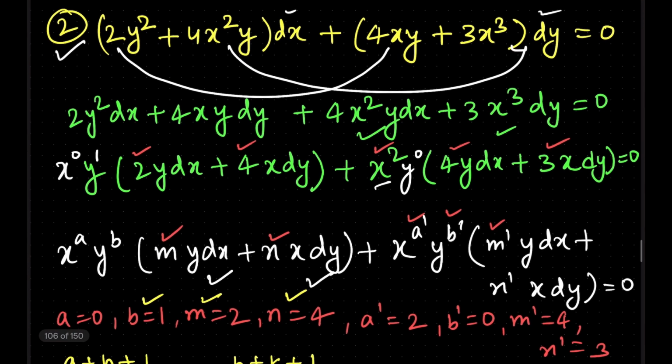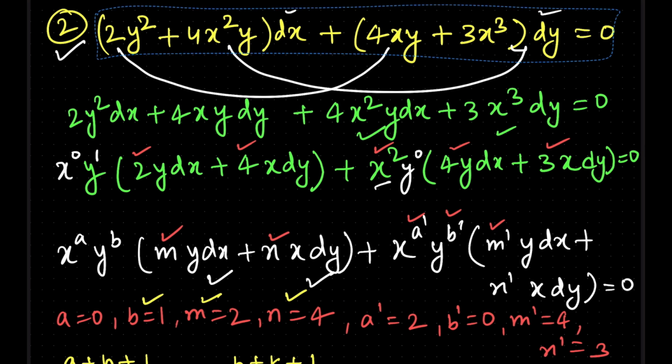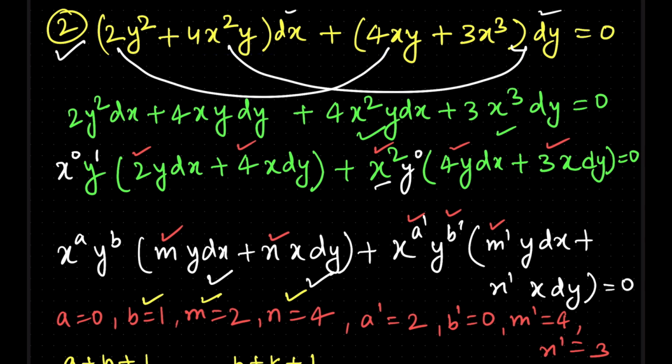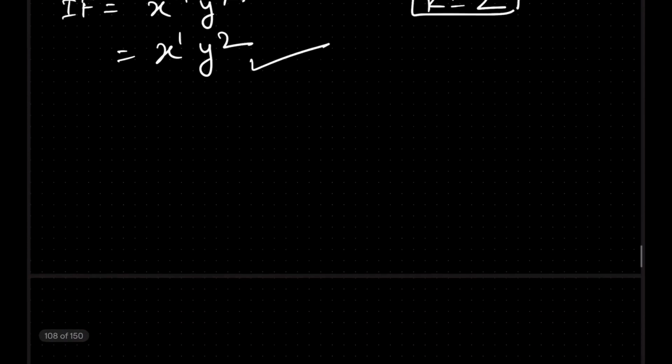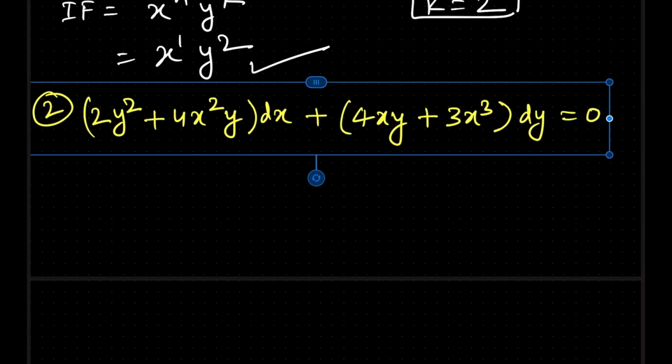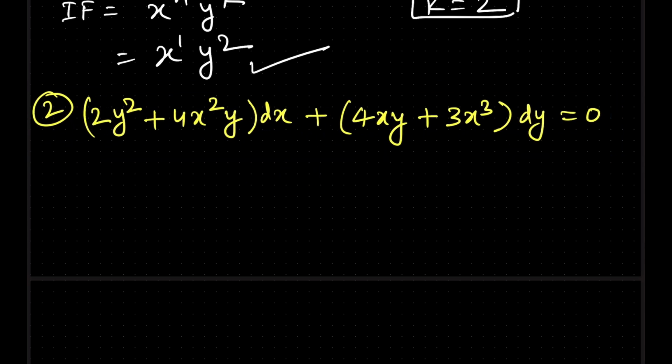So we will multiply our integrating factor with our parent equation. So this non-exact differential equation, we will multiply with our integrating factor, which is x into y square.